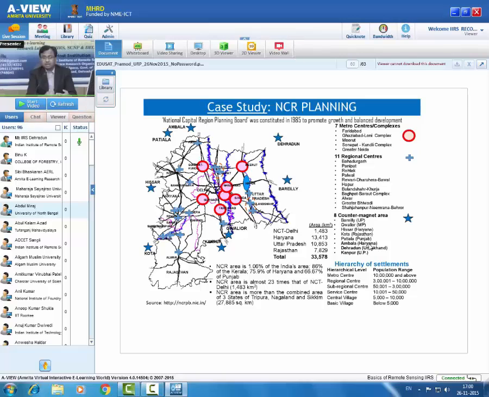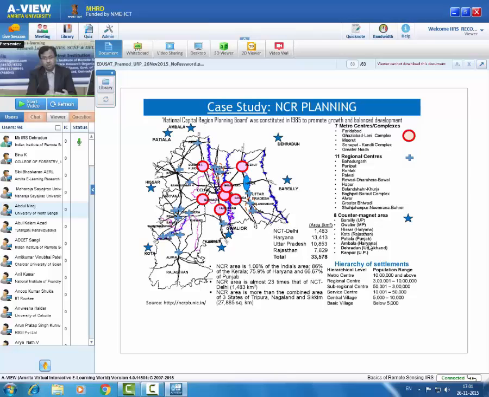And in that context, the NCR planning now constitutes more than 22 cities. And recently in the month of June, 3 districts have been included, including Muzaffarnagar, Jind and Karnal. And within the NCR planning, we have the metro centers, regional centers, and also the counter magnet areas. Because the employment opportunities are relatively higher in metro cities, there is a reason for that influx.